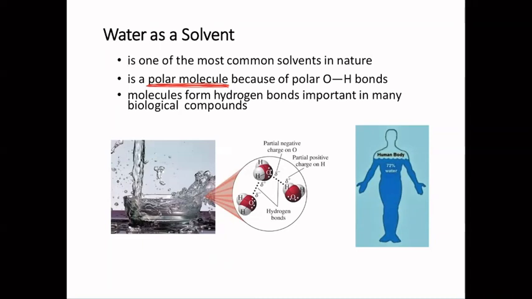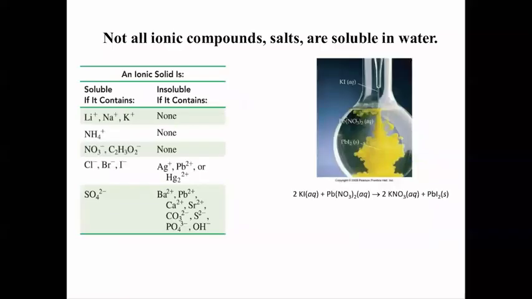Now, I mentioned a few moments ago that when it comes to ionic compounds, not all ionic compounds are actually soluble in water. And since not all ionic compounds are soluble in water, sometimes we have, specifically in double replacement reactions, the formation of a solid.